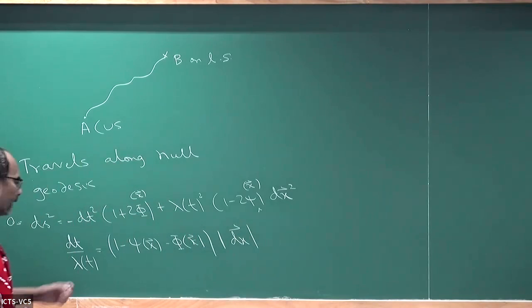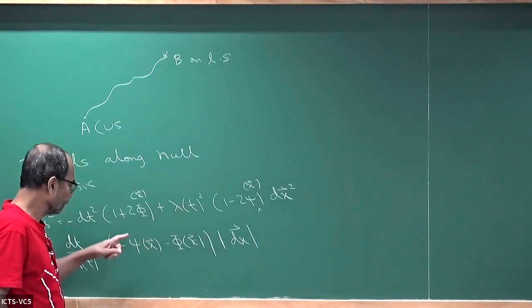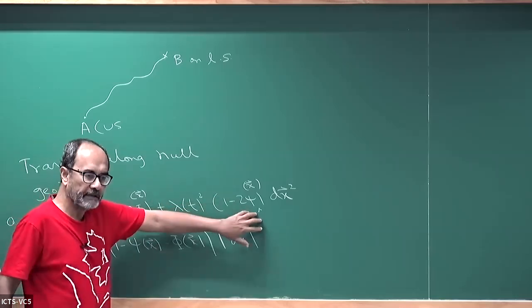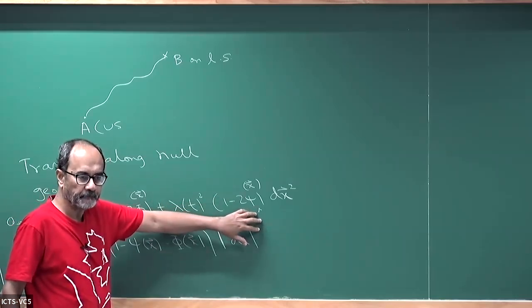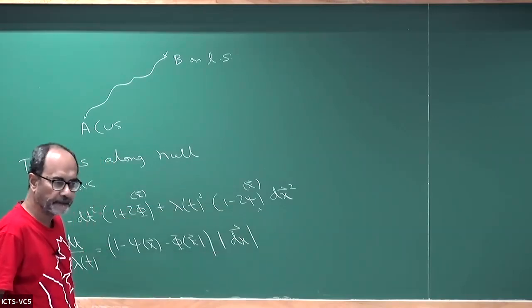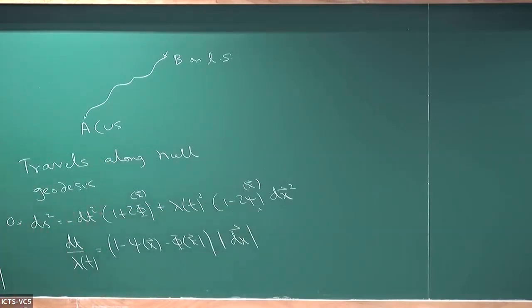We are again working to first order in perturbation. What we did was that I took dt over lambda t and this 1 plus 2 phi, took the inverse and it went to the other side. And then after you take the square root, it becomes 1 minus psi minus phi. Is it clear?